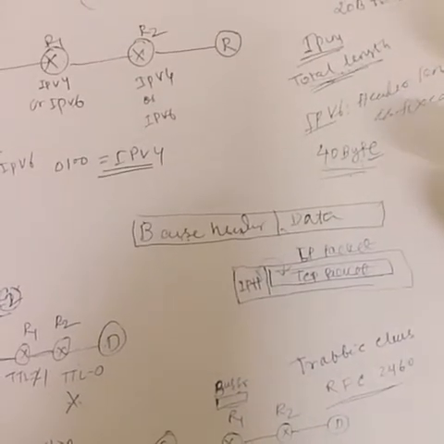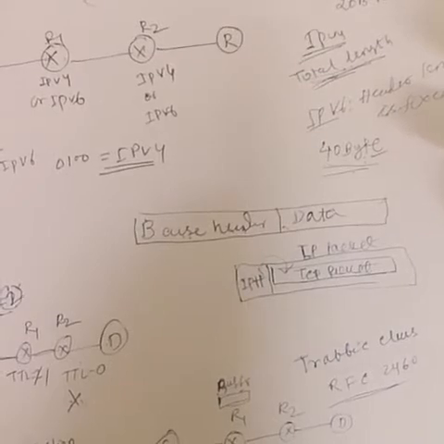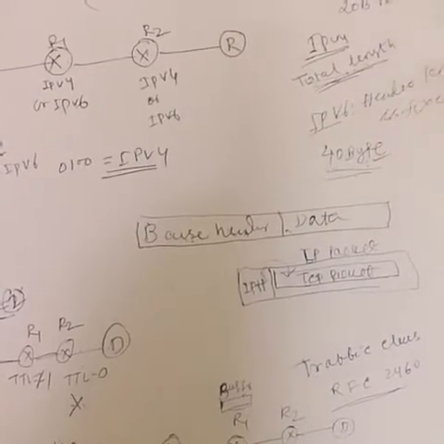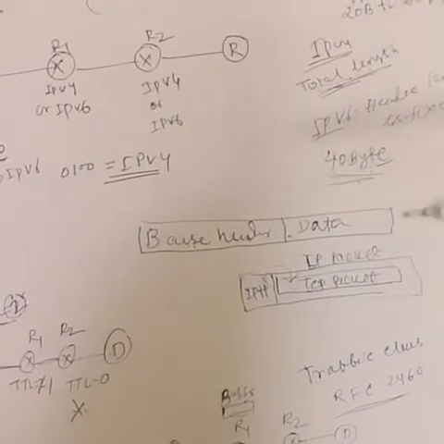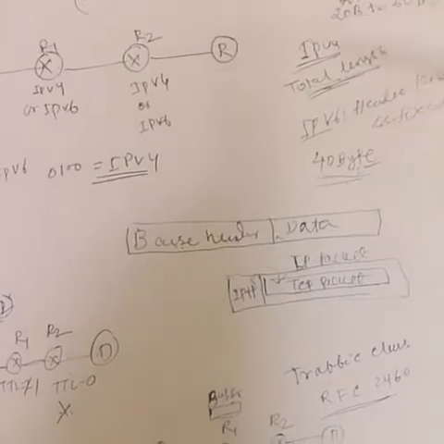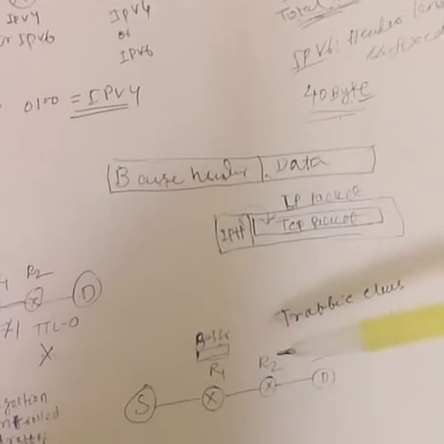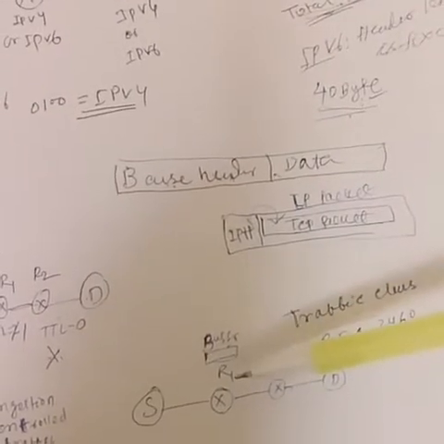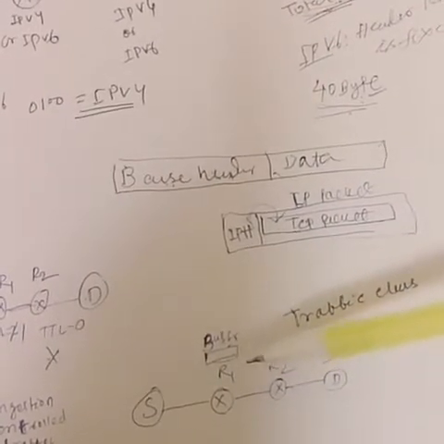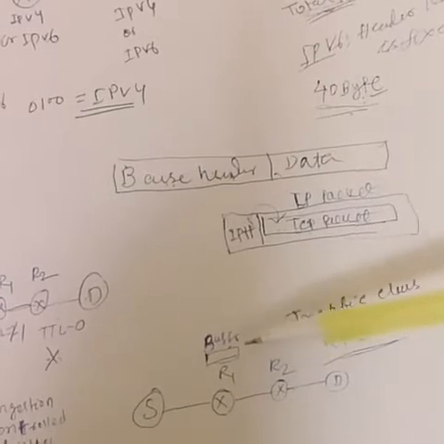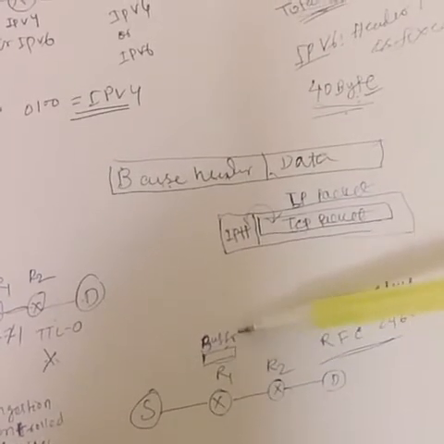Yesterday I told you the basics about priority and traffic classes, and now I'm exploring them. Whenever a router is congested, it does not have any space. It has some buffer.